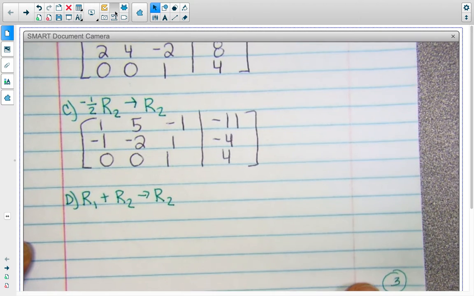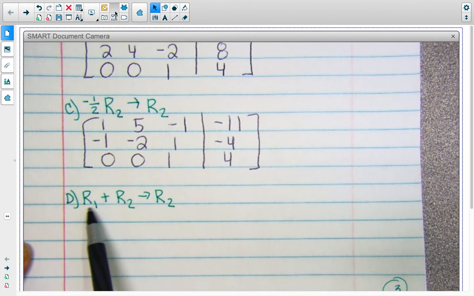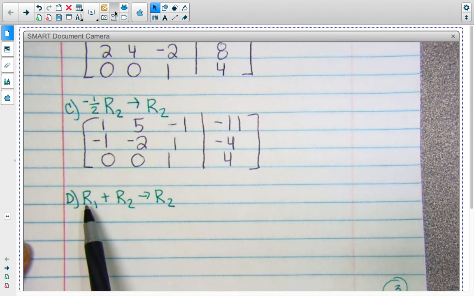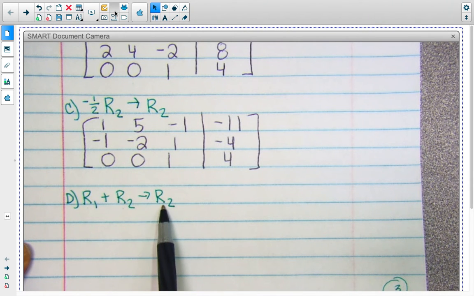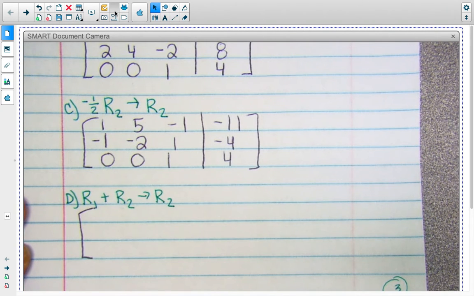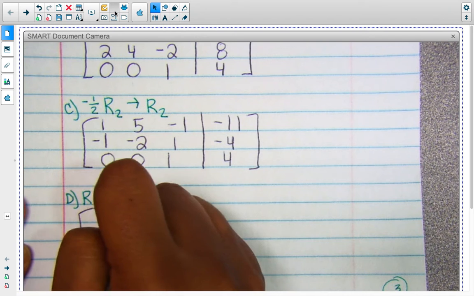Part D. Part D tells us to add row 1 with row 2 and put your final answer in row 2. So I'm going to keep row 1 and row 3.